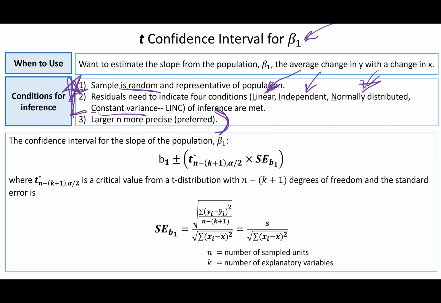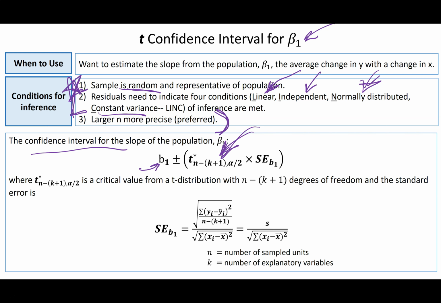So when we go ahead and we want the confidence interval for the slope, our point estimate is going to be B1. So B1 is going to come from our output, or maybe hand calculated, probably our output, times T star. So we're going to have to use the T table or R again to find our T star critical value.